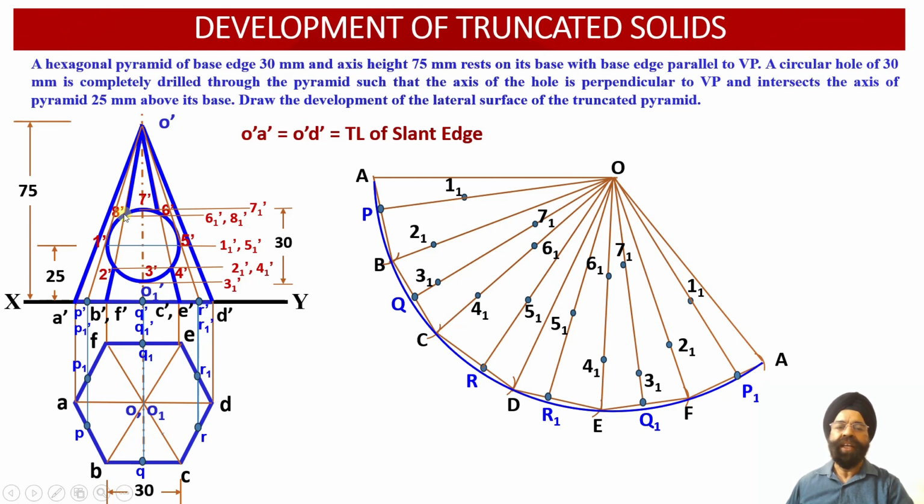It is this point. So from point 8 dash, now we can check 8 dash point lies onto slant generators O dash B dash and O dash F dash. So onto OB and onto OF over here. This is OF. Onto these two generators, now we are going to measure the true length corresponding to point 8 dash.